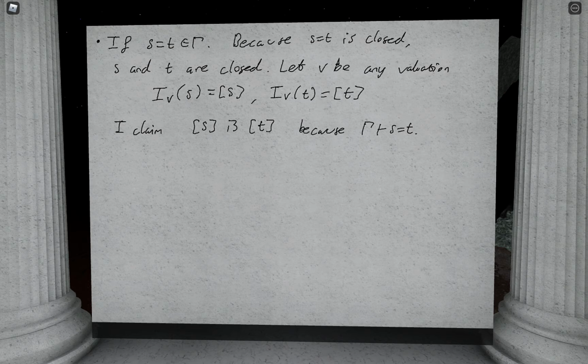So then by definition, this makes I of v of s equals t equal to 1. Because the definition of that is that the interpretation of this term and this term are the same object. And that's exactly what I've just shown.